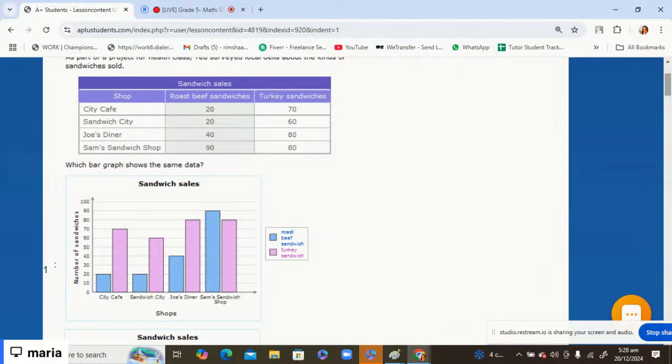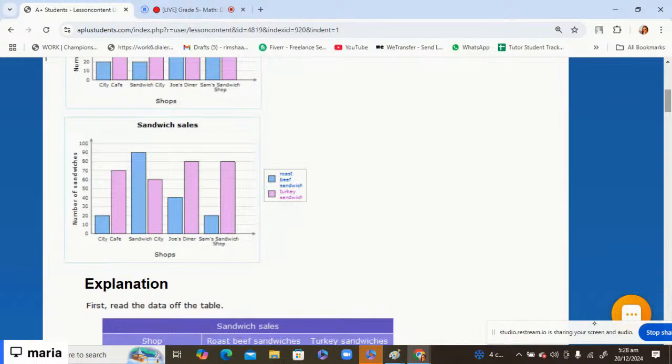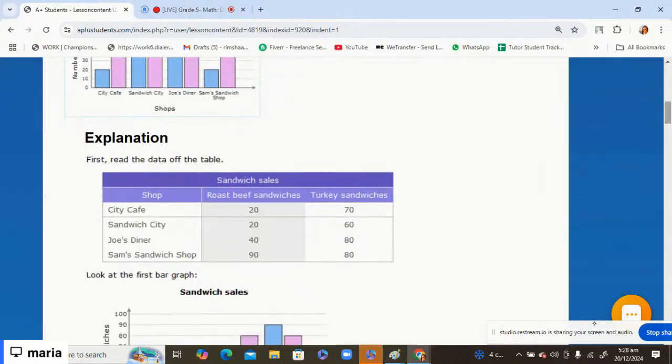Now for Joy's Diner, it's 40 on the roast beef and 80 on the turkey. This is right. Then Sam's Sandwich Shop: 90 on the roast beef and 80 on the turkey. This is right. So the first option is right for all of it, okay? We see that.